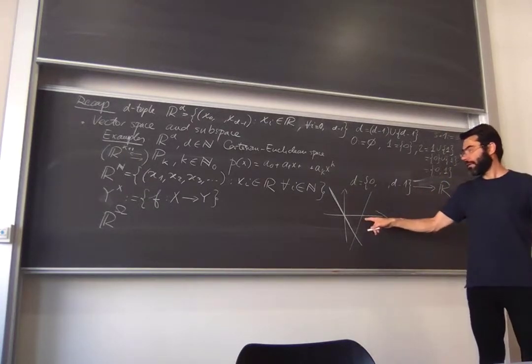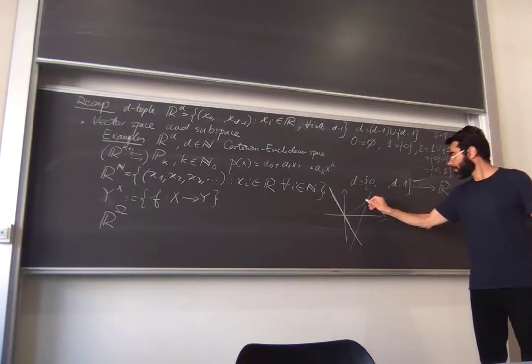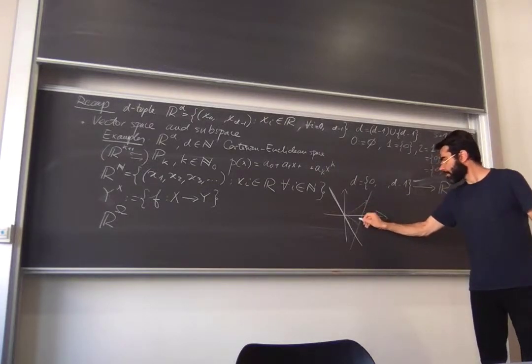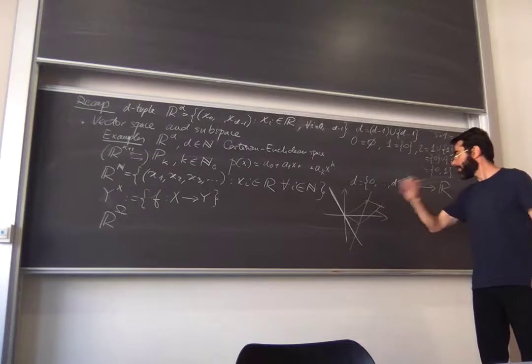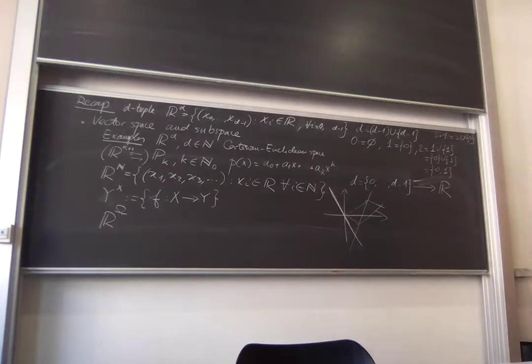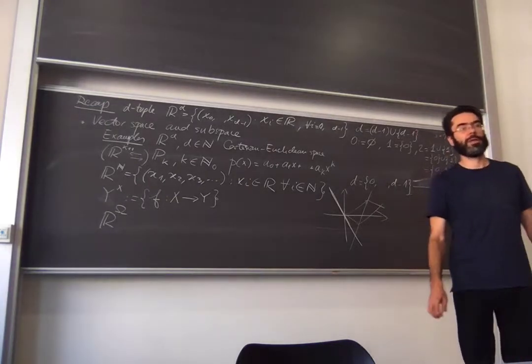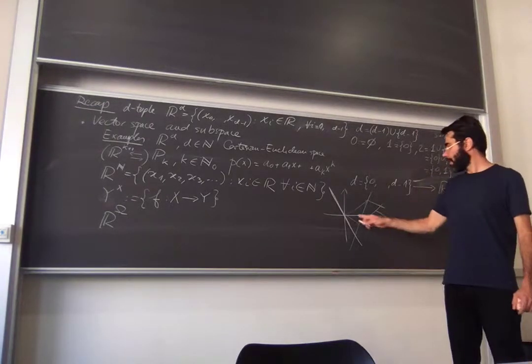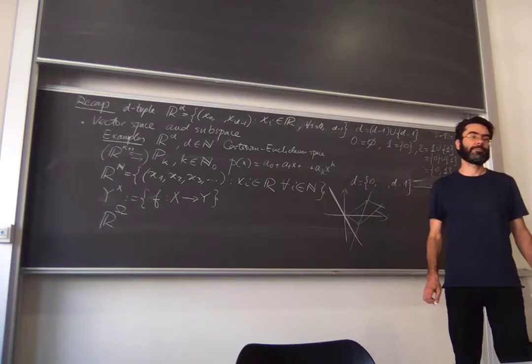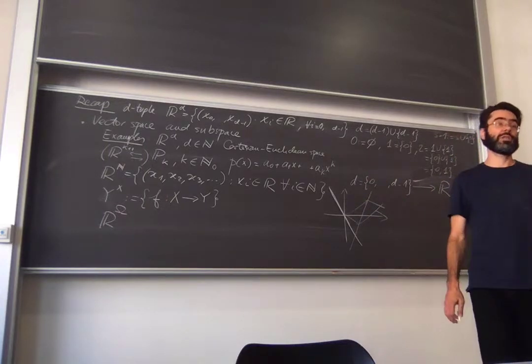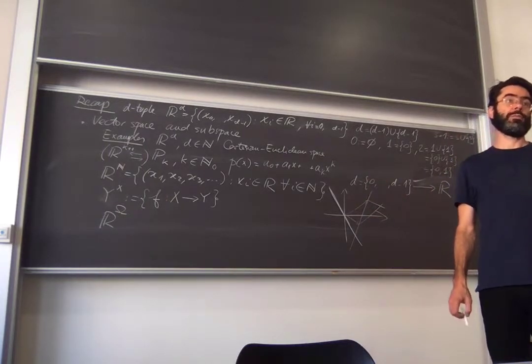Whereas here, as you can see from the picture, if you take this vector here and this vector here, and you sum them, then you pop out of that space. So it's not good. It's not invariant with respect to linear combinations. Therefore, this one here is much more special, and we will see why, from an algebraic point of view, this is an important definition.